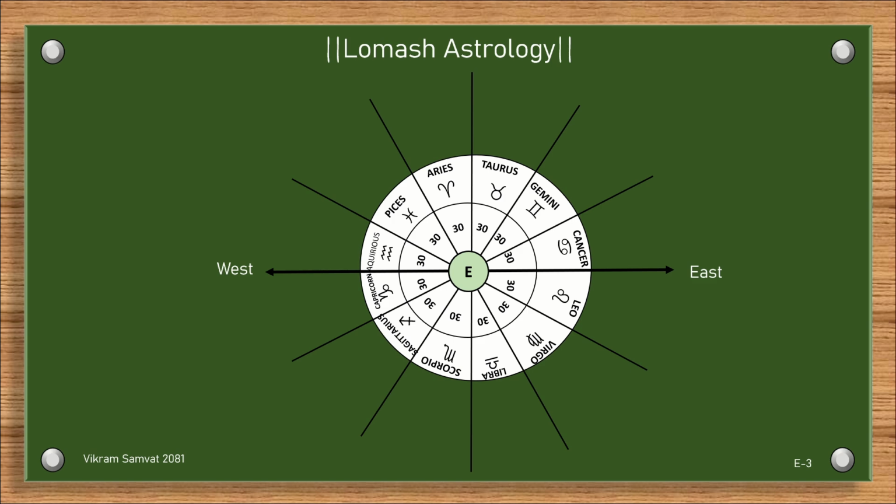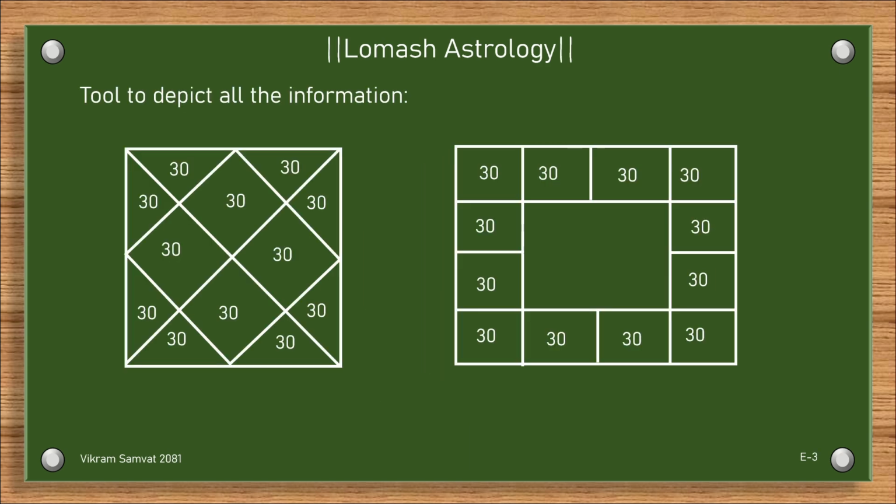So in this tool, if I put that information in, you will see that each box here, either a diamond shaped box or a triangular shaped box, will be 30 degrees in size, or in length you can say.